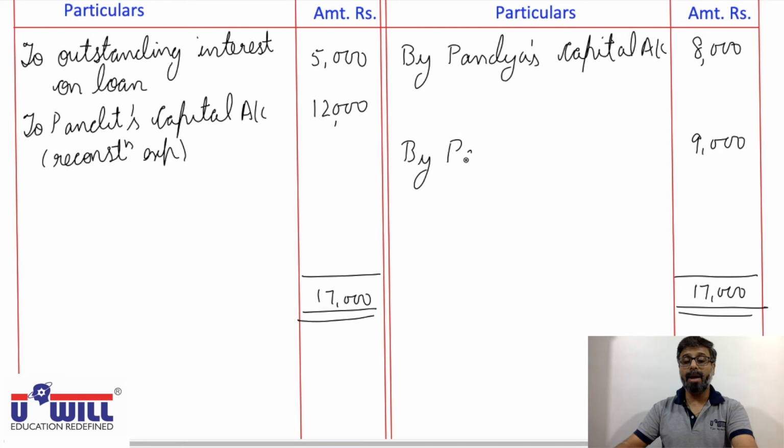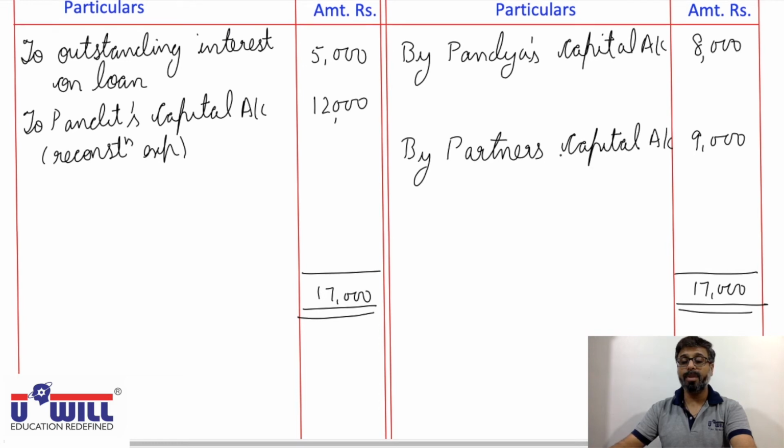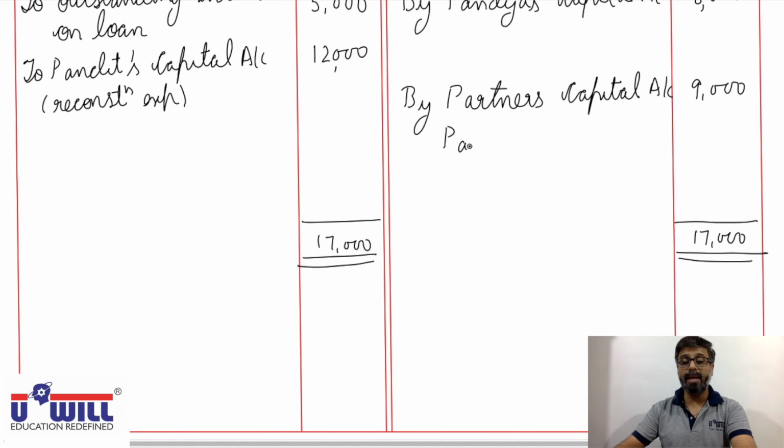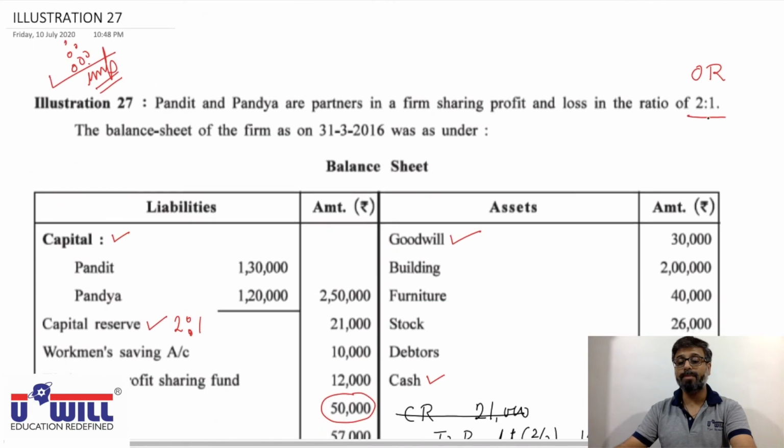By partners capital account, and we will distribute it between old partners in old ratio. So between Pandit and Pandya, in old ratio 2:1.